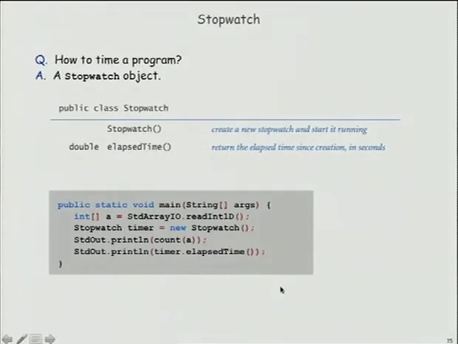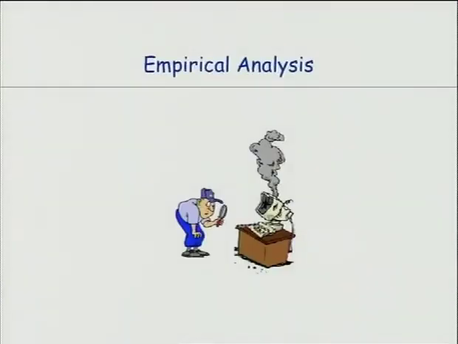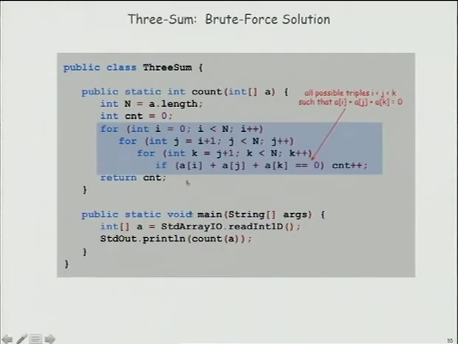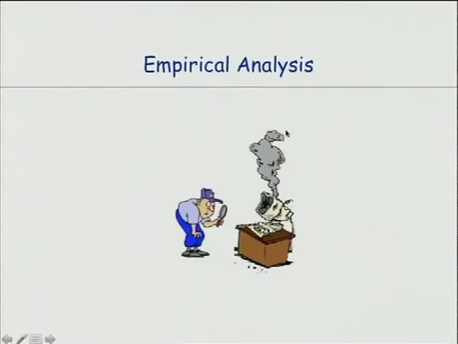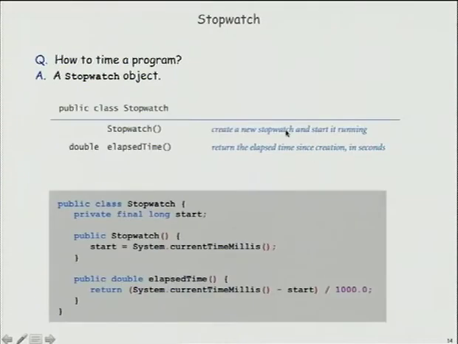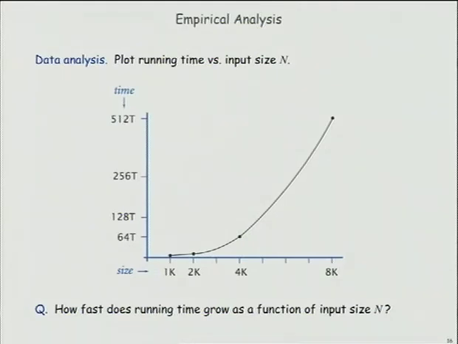Okay, so remember what we're actually trying to do is analyze the algorithm that I've shown over here, this threesum. So let's go and do that. What we can do is plot this running time for different input sizes.